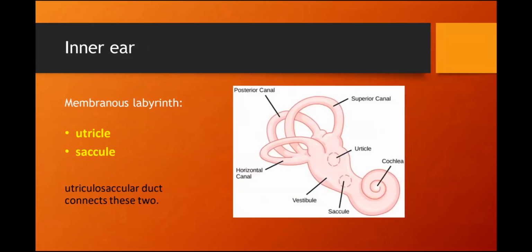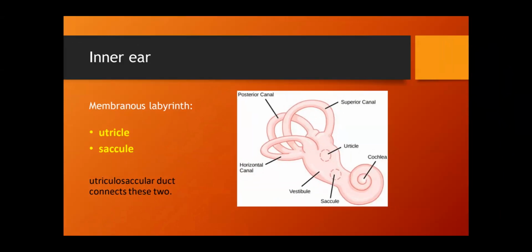Now we are talking about the membranous labyrinth. The membranous labyrinth is composed of the utricle and the saccule. The utricle is connected to the semicircular canals, and the saccule is connected to the cochlea. Between them, as we said, the utriculosaccular duct connects them.